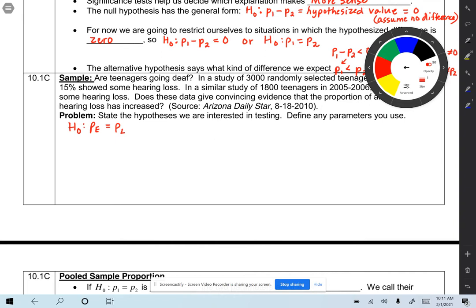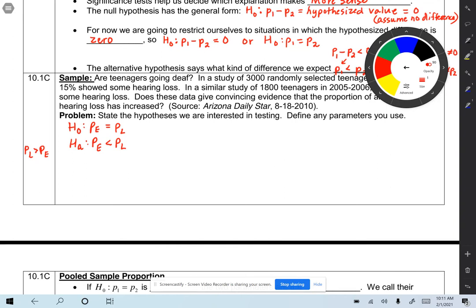And then our alternative hypothesis would be that there's going to be an increase, and you want to write it so these match up. So if the later years is going to be an increase, at the beginning you can write something like this, but then just switch it around so it looks the same. So the proportion in the earlier years is going to be less than the proportion in your later years. So this is the way I prefer.